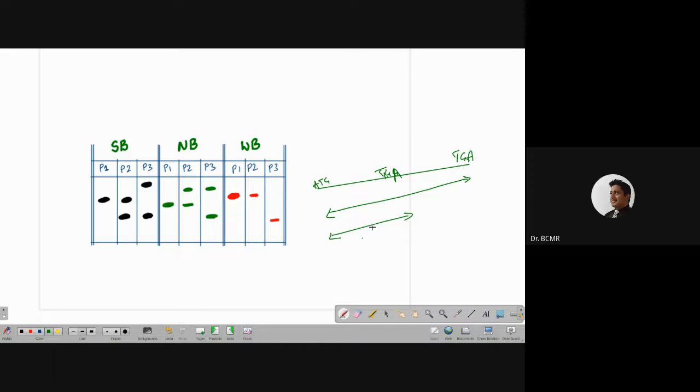Yes, sir. In that case, what would you expect the size of the mRNA to be? Would you expect it to be large, small, or equal? I guess the mRNA size would not be influenced.